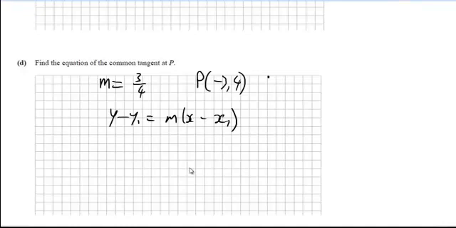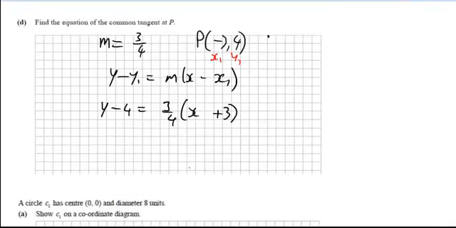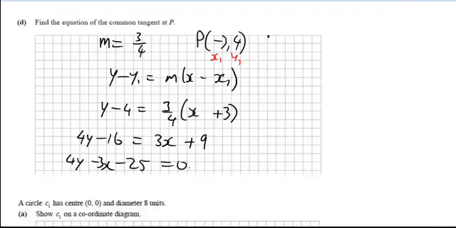And we have a point there, we can label it x1, y1, and we have y minus 4 is equal to 3 over 4 times (x minus minus 3), which is plus 3. Minus minus gives a plus. Then just to fix this equation up a little bit, maybe multiply both sides by 4, and we get 4y minus 16 is equal to, multiplying the 3 in, 3x plus 9. Bring everything over to one side, and we get 4y minus 3x minus 25 is equal to 0. And that's the equation of the tangent through P.